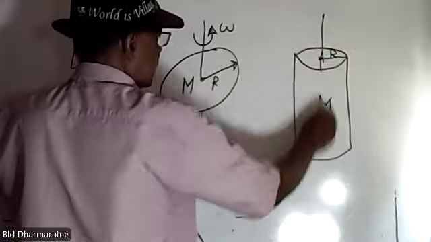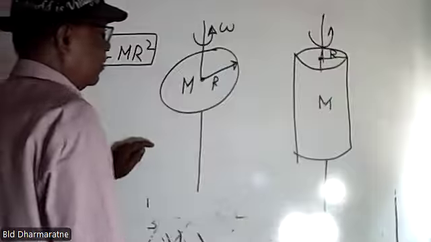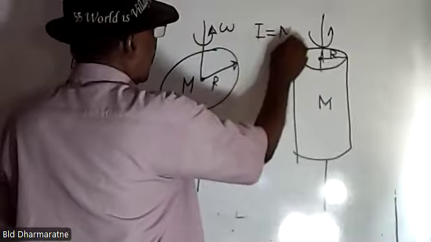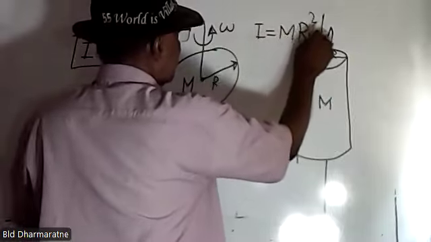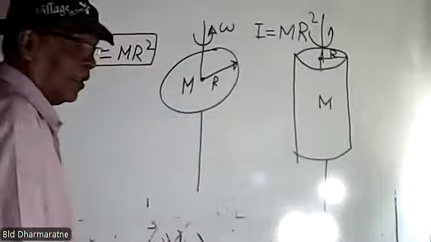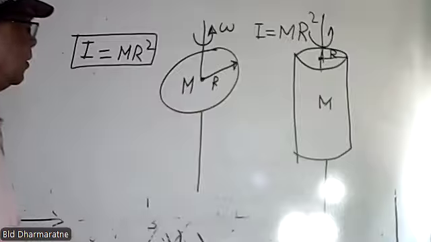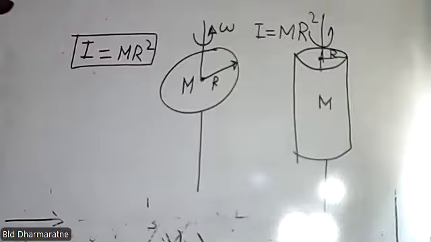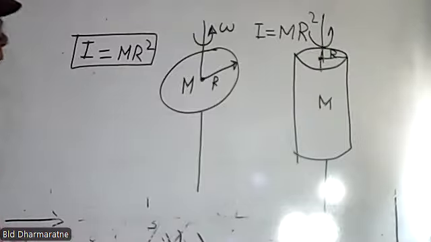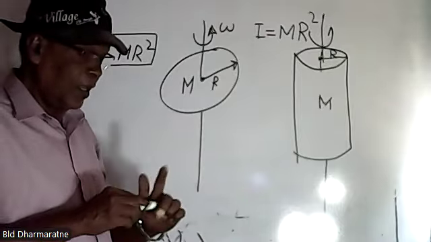Here also I equals M R squared. What changes? Only the mass. The length along the axis is independent of the moment of inertia; it depends only on the mass.